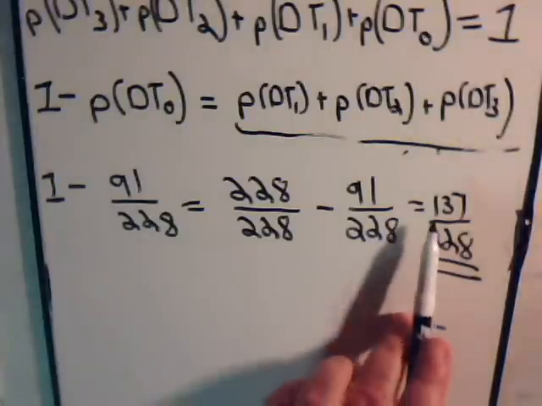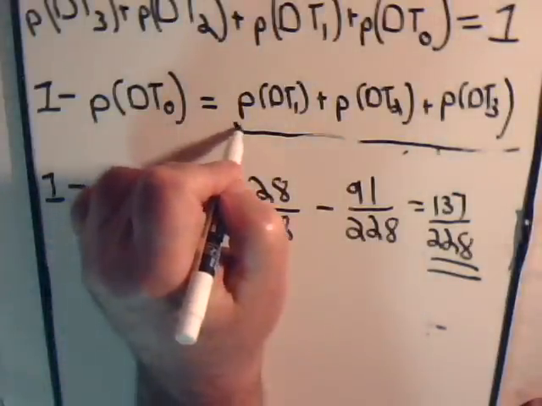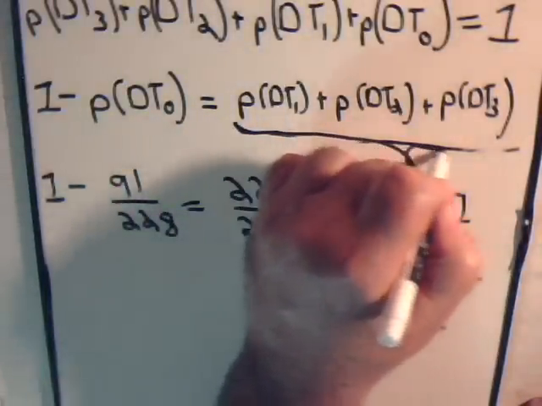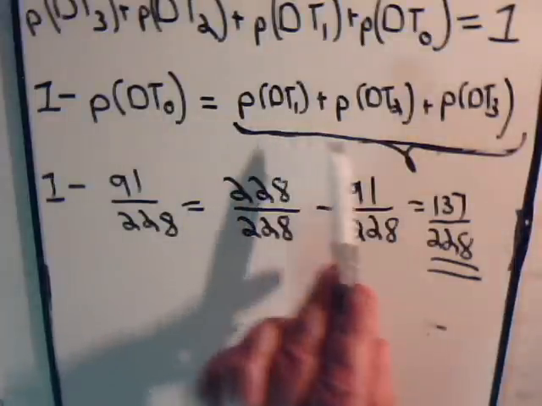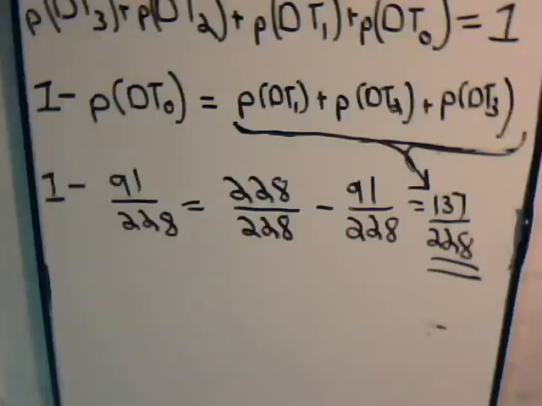So this 137 over 228, that is the sum of these individual probabilities right here. And we could say then that would be the probability of selecting at least one defective transistor.